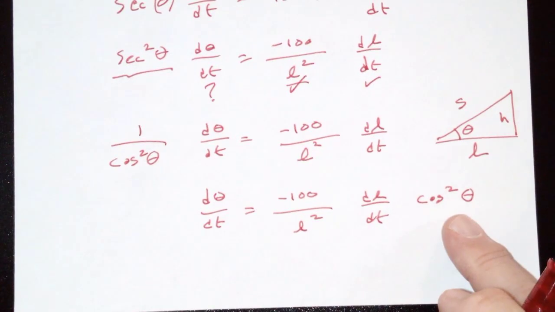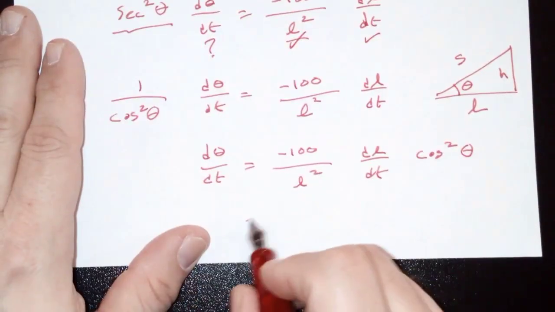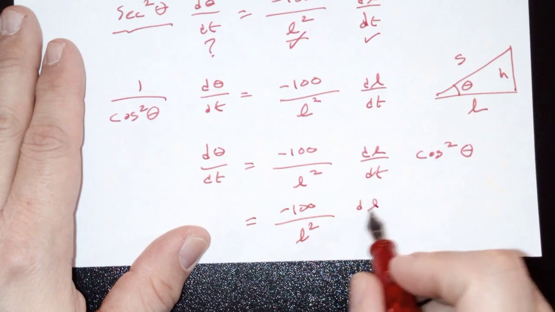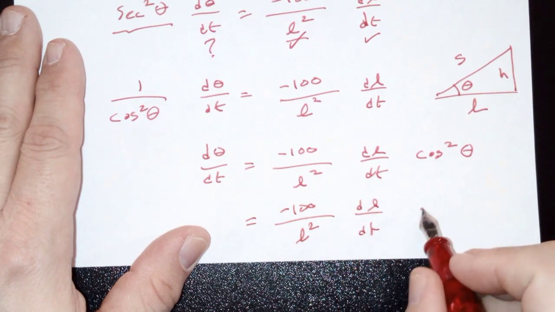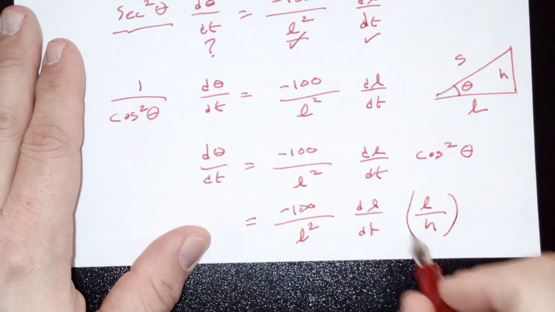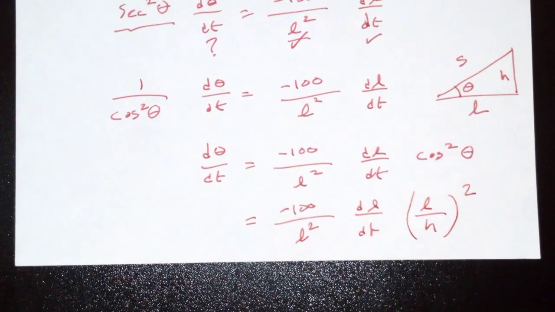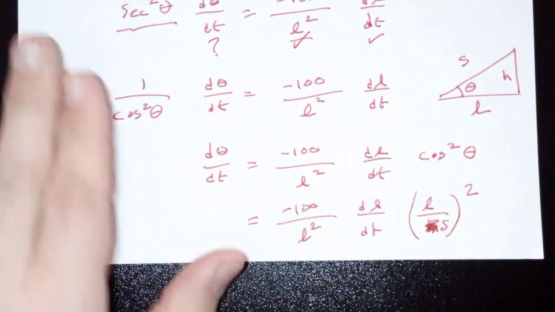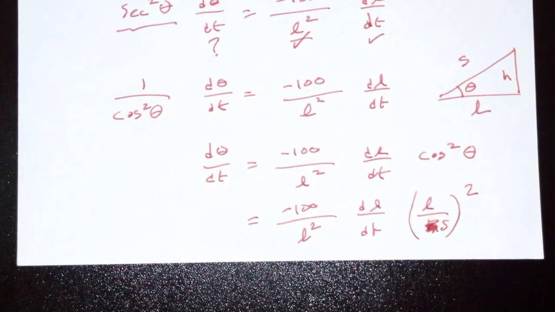And it's squared. I don't actually need... Eek, wrote the wrong thing. That's not over H. That's over S. I wrote hypotenuse.